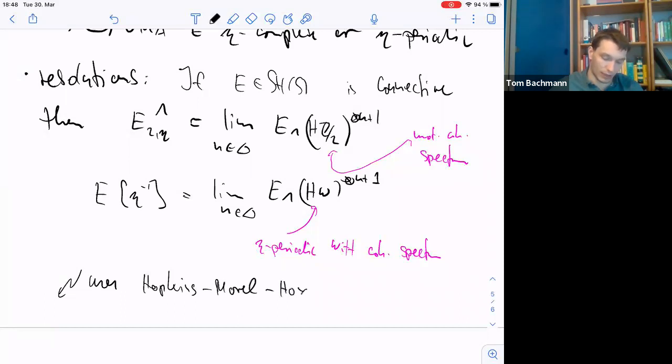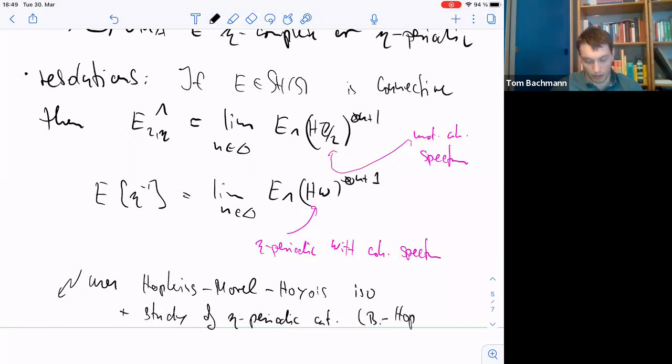So maybe Hopkins-Morel isomorphism plus study of the eta-periodic category, by which I mean the paper of me and Hopkins. Okay, but once you have these inputs, you get quite formally that you can use these resolutions.